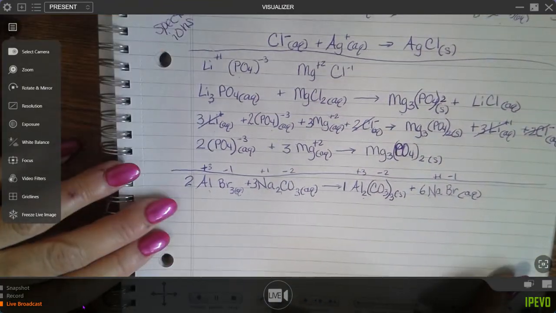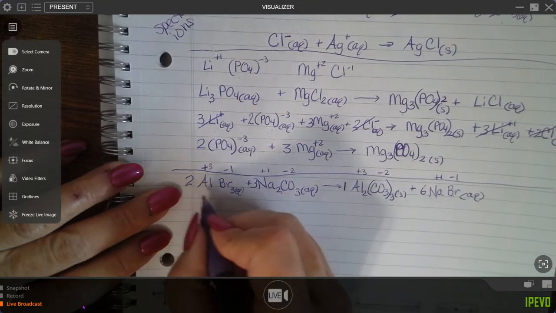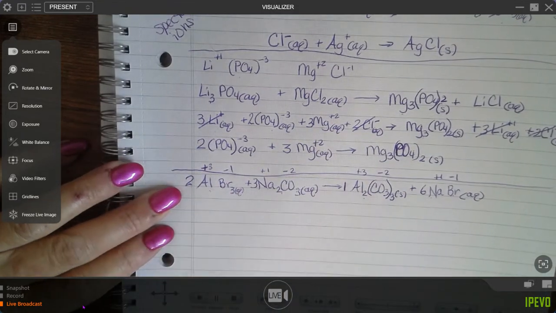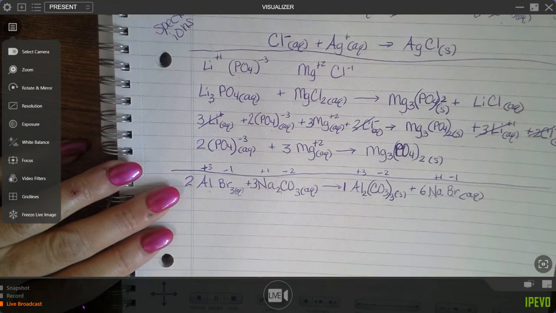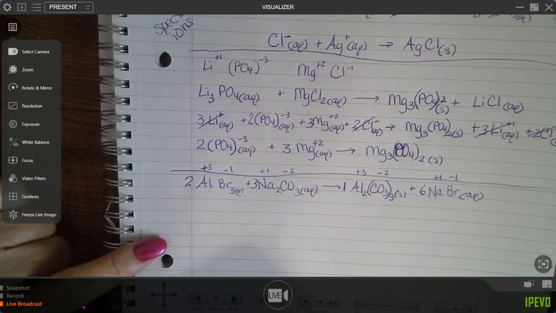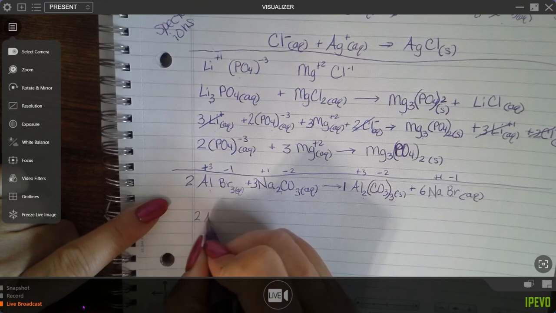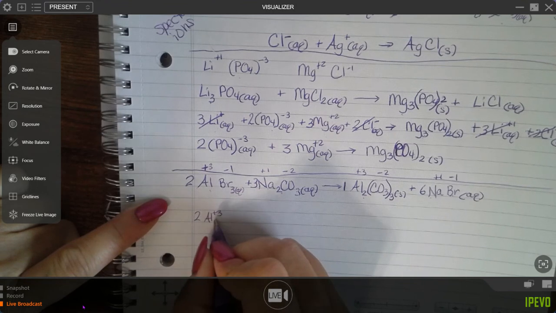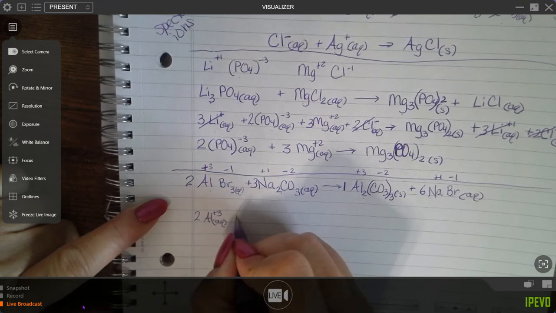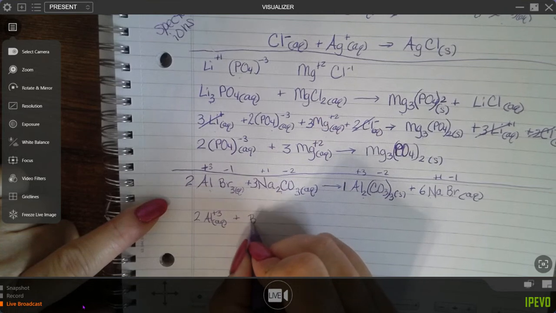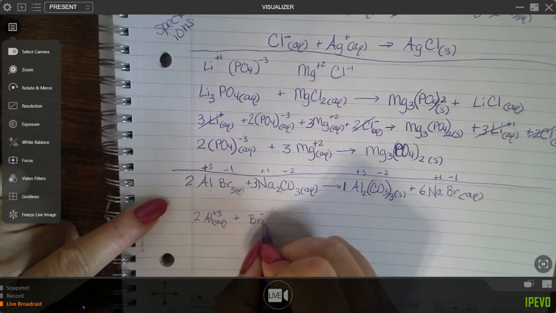Let's do this net ionic business. So we end up with, and this one's a little harder. Everyone has a different slant to it, so we have to tweak it just a little bit differently. So we have 2 aluminum ions, and we have how many bromine ions?